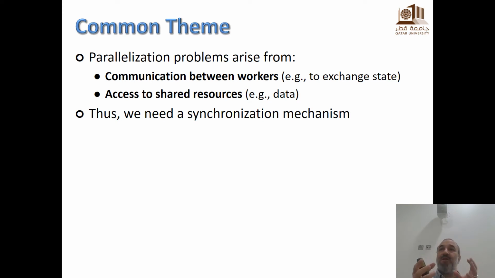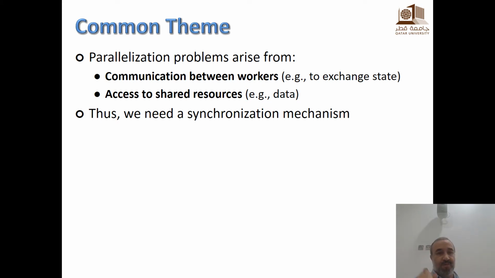In concurrency, what do we mean by concurrency? We have multiple processors or workers, and they all compete for some shared resources. So we need to synchronize between them in some way, so that we can execute them in parallel, and then get their output and produce the final output out of that.